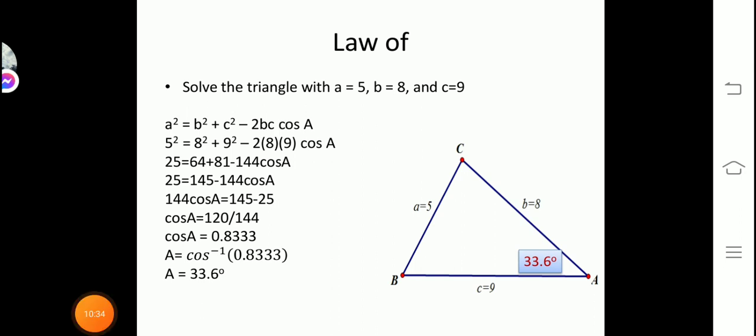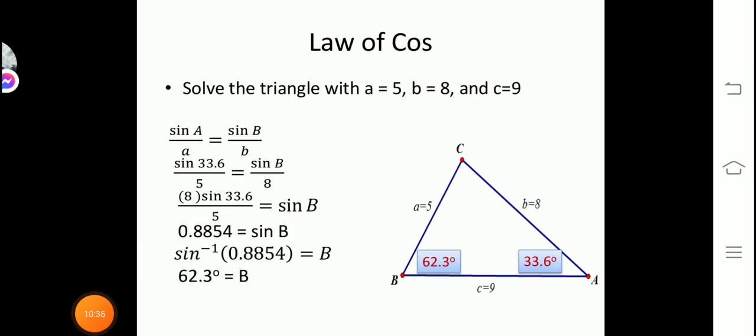To solve the triangle with a equals 5, b equals 8, and c equals 9. Sin A over a equals sin B over b. Sin 33.6 over 5 equals sin B over 8.